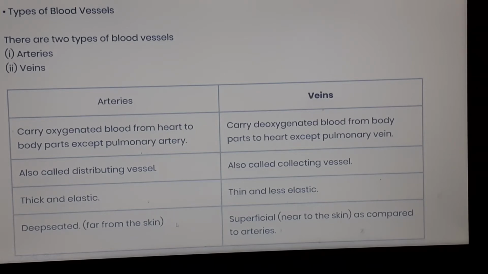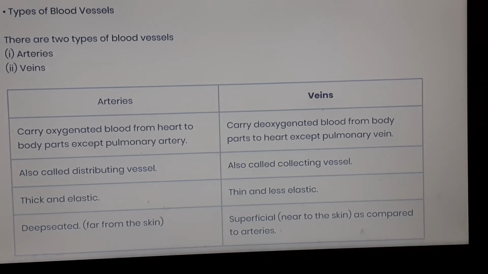Next one, arteries are also called distributing vessels. They give all the body parts nutrients and oxygen to all the cells. Veins are also called collecting vessels. See here, it collects the waste material, that is carbon dioxide.